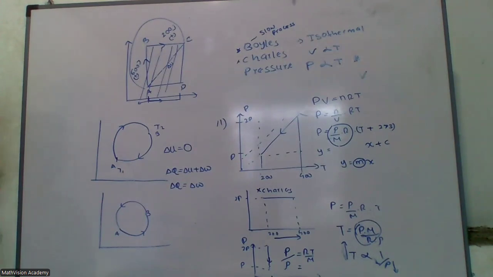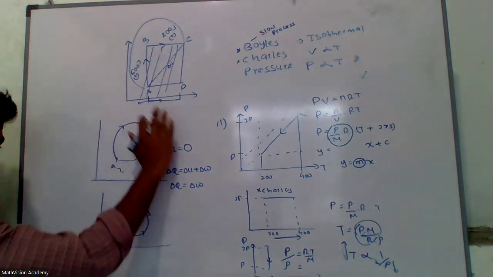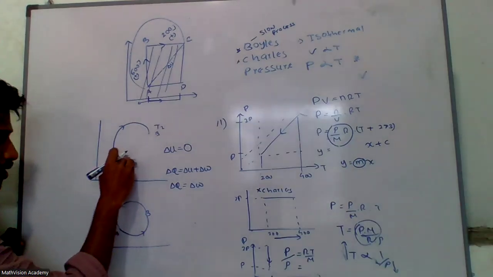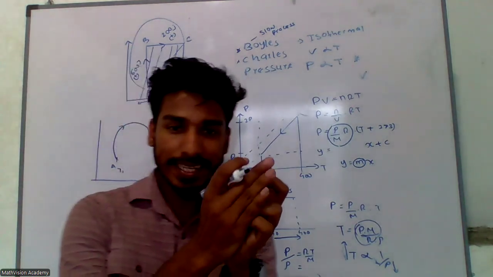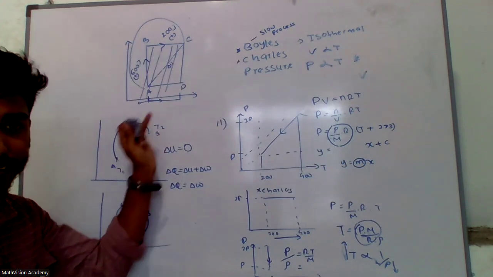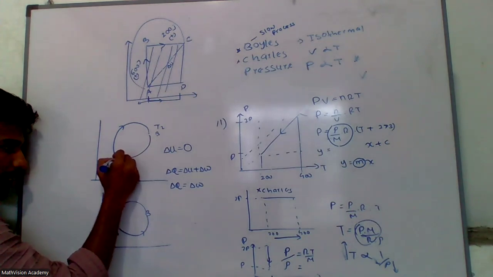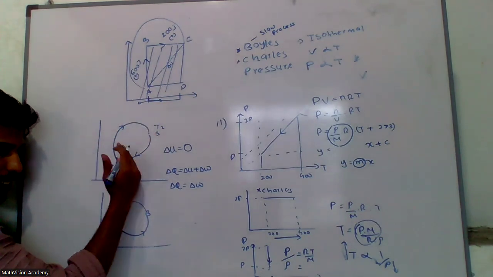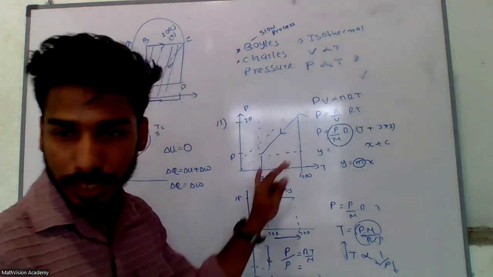So you can see in here, I'm just erasing this part for a while. You can see there's a work output, right? The gas has expanded. From this point to this point, it has expanded. But from B to A, it has compressed. The volume has reduced. So let me just draw it separately, okay? So I'm just erasing them.